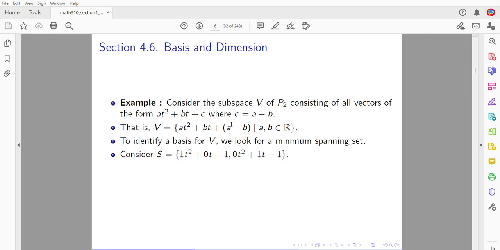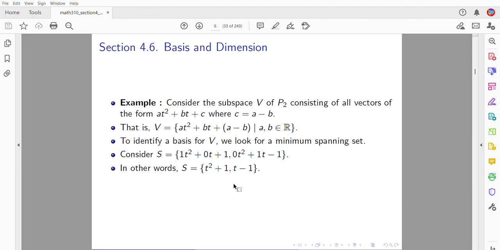You see? So a and b can be any real number. So I'm just choosing a to be 1, b to be 0. That's the first polynomial. Then a equals 0, b equals 1. That's the second polynomial. So simplifying this, the first polynomial is t squared plus 1. The second polynomial is simply t minus 1. So this is my guess of a basis.